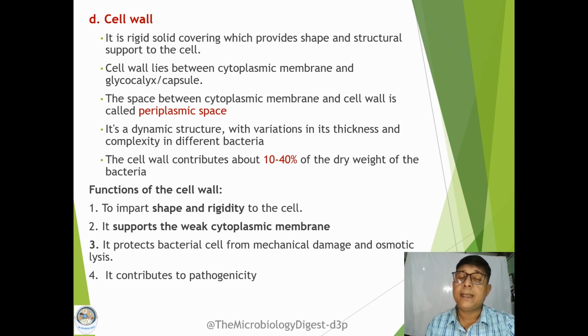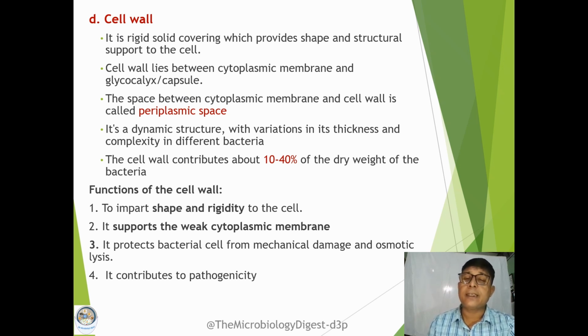If the bacteria are capsulated, then the cell wall lies just internal to the capsule. The periplasmic space is the space between the cell wall and the cytoplasmic membrane. Then the cell wall is a dynamic structure.